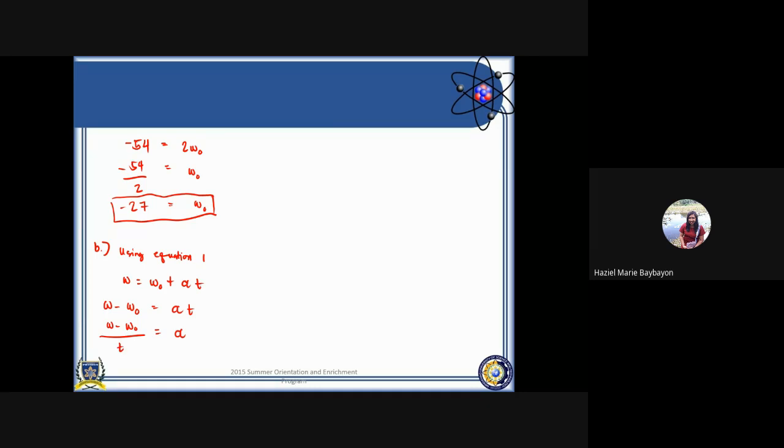Now substitute. Alpha equals omega, which is 108 radians per second, minus negative 27. Take note of this: minus negative 27 because our omega naught is negative, so it becomes plus. Divided by the time t, which is 4 seconds.